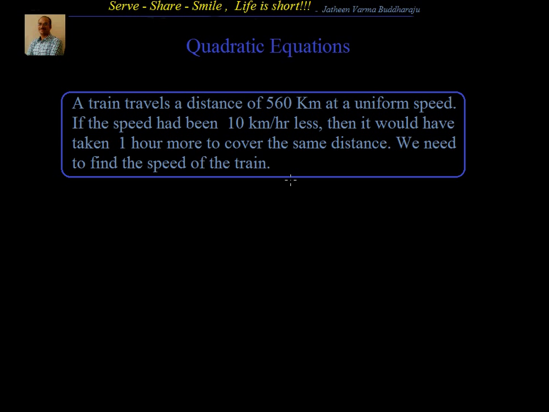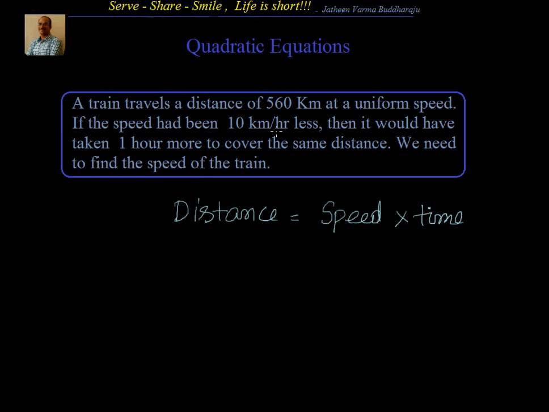In this session, we will not find the speed of the train, but we will try to represent this scenario in the form of a quadratic equation. So let's try to understand this. We have been given distance, and we know distance is equal to speed into time. We have to look at the condition given to us.